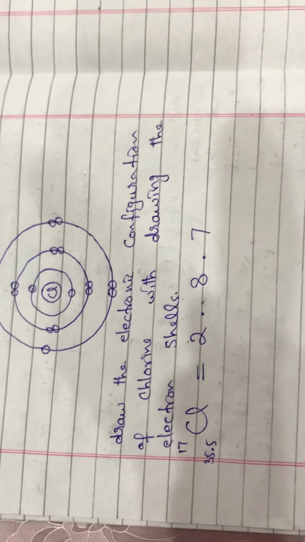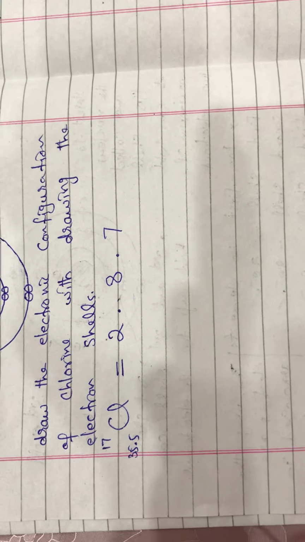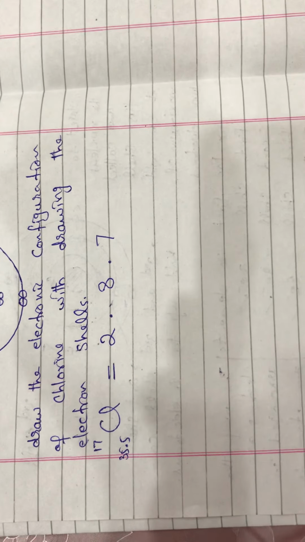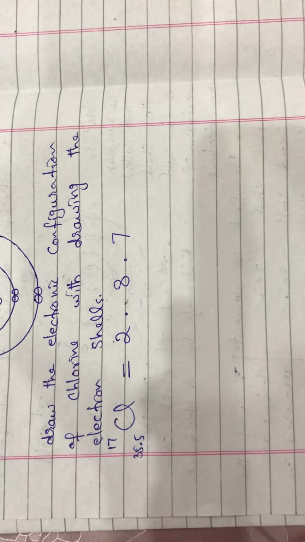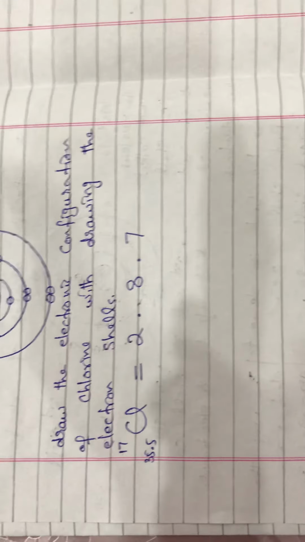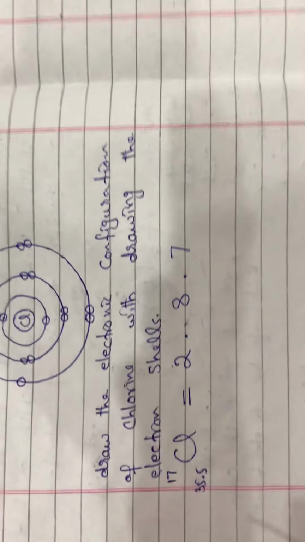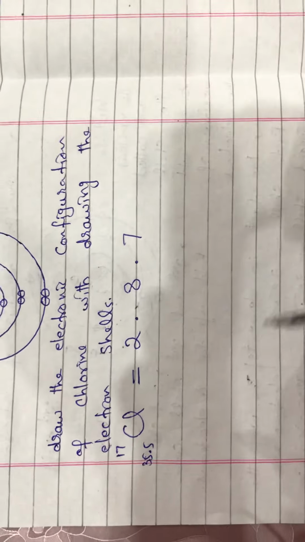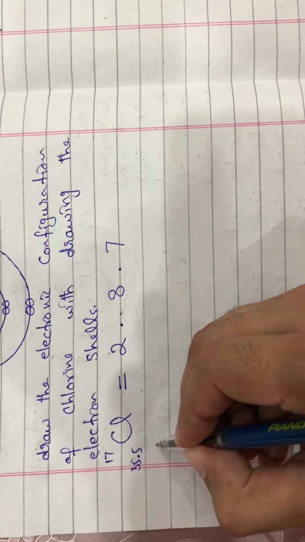Now, we will discuss the last example of this type, and after that, we will discuss the further things related to the atomic number or atomic mass, or finding the number of electrons, protons or neutrons in an atom. We will discuss those examples as well. Now, our last example is potassium.